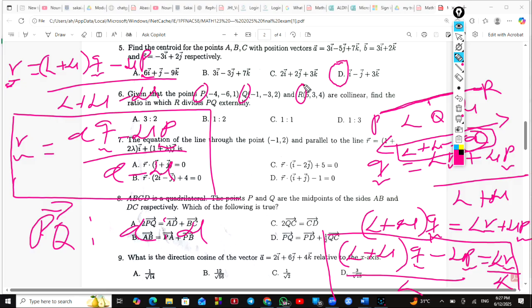You can choose either the component of X, component of Y, or component of Z to find the ratio in which R divides PQ.